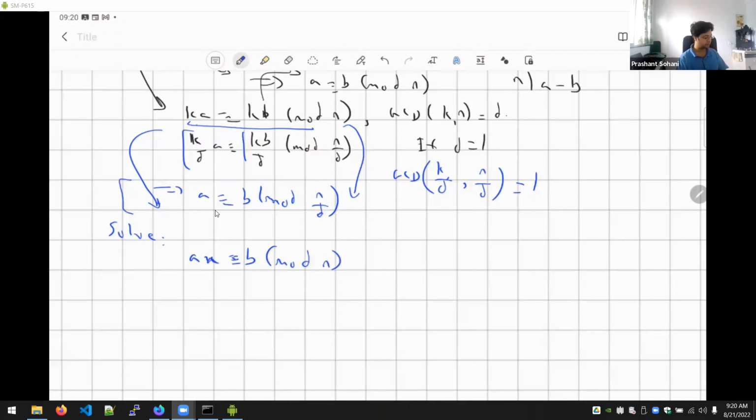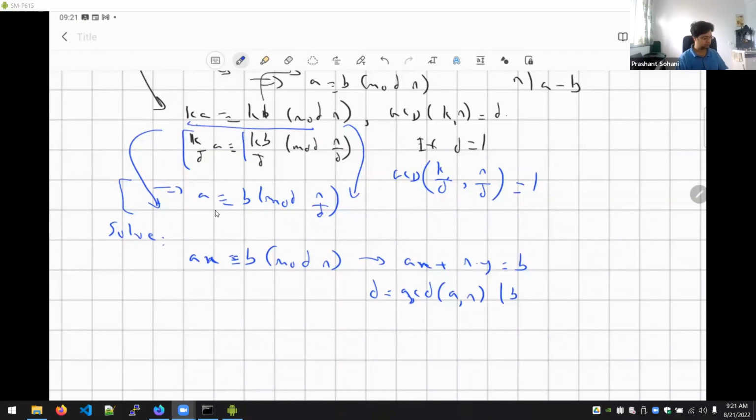And again we could convert this into a simple Diophantine equation, because this is nothing but ax plus ny is equal to b for some x and y. So therefore we already know the condition for the Diophantine equation, that the GCD of the two terms on the LHS, the GCD of a and n, has to divide b. And in fact, if I call that GCD d, then we know how many distinct solutions we can expect, right?